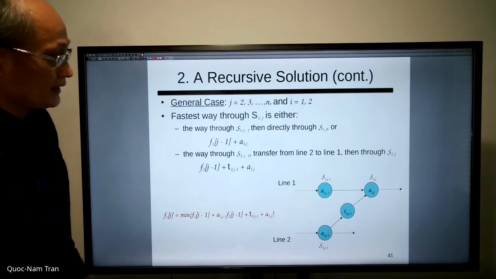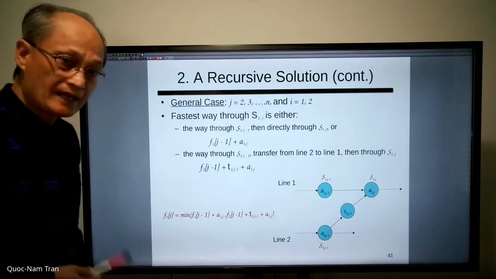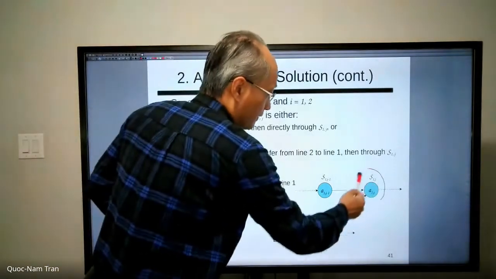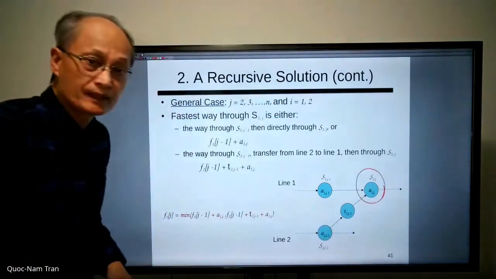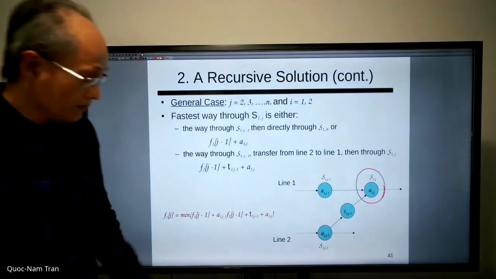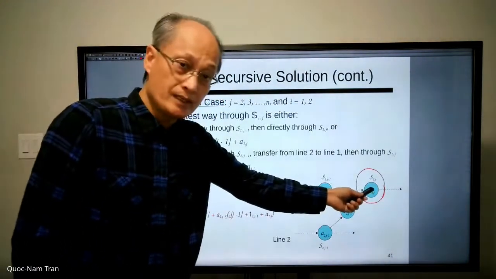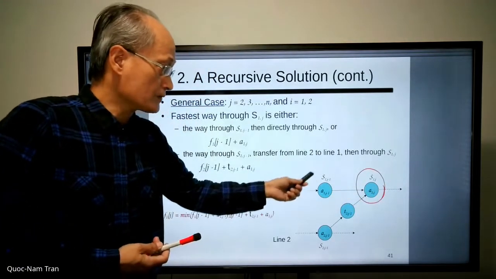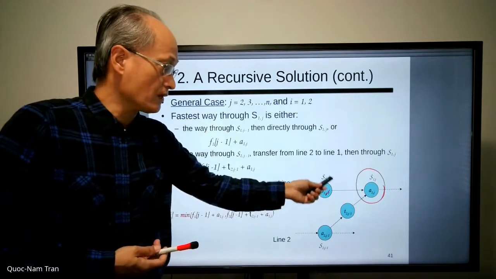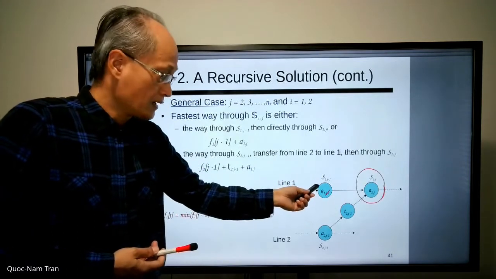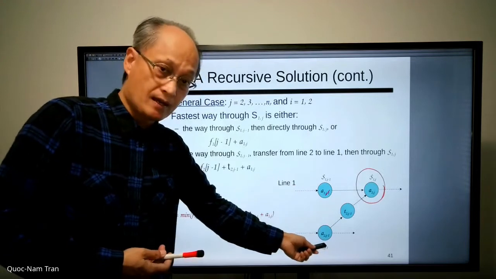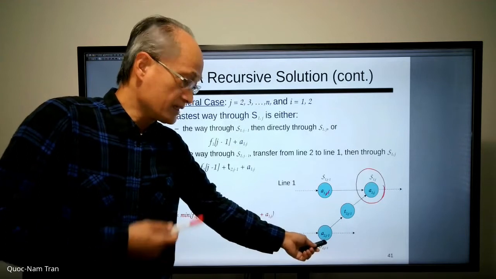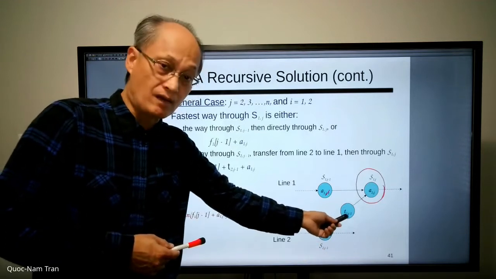All right, and then at any point or at any station, there are two possibilities. One is on the first assembly line. Okay? The minimum cost for reaching this point will be the smaller value of the minimum cost for reaching the previous station on the same assembly line, and the smallest value reaching the previous station on the other line plus the extra cost, right?